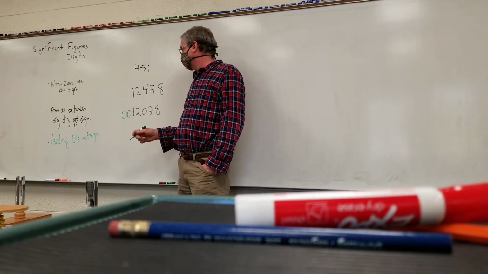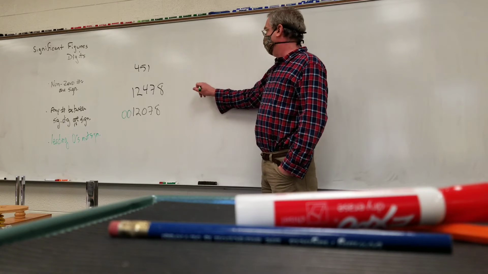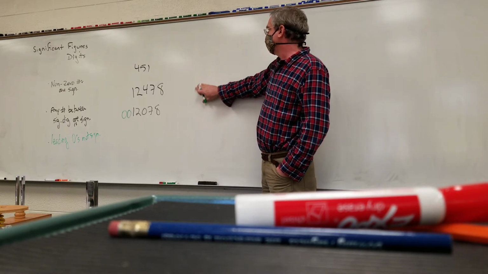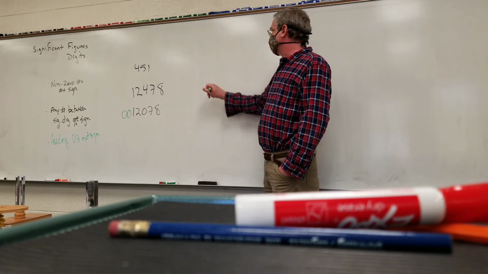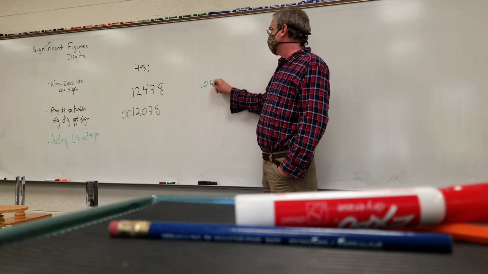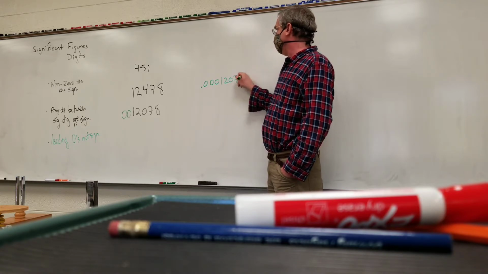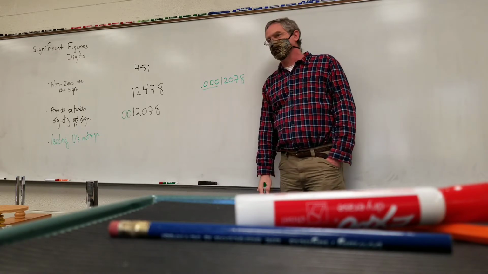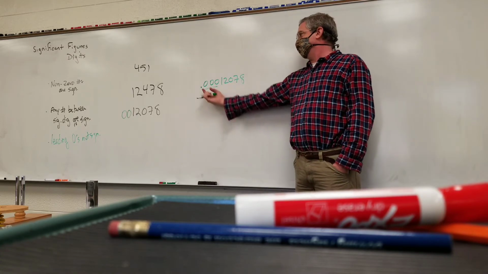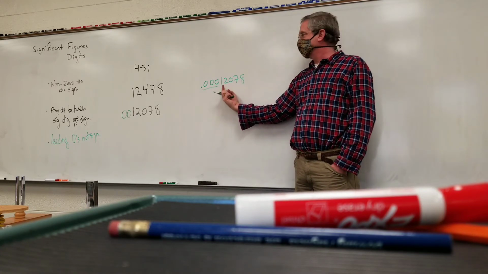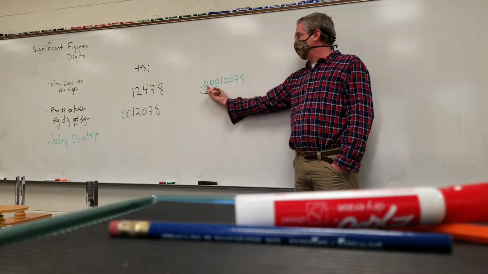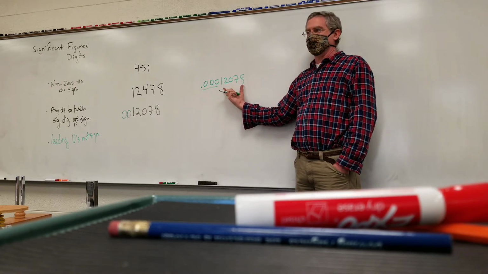Mainly the precision of it. So 0.00012078, leading zeros, because they come in front of the first non-zero. So those are not significant. This is still 5 significant figures.